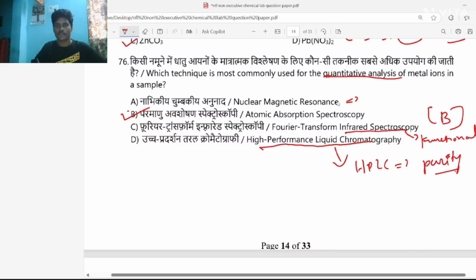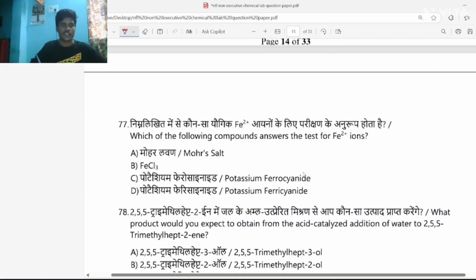Next, 77, which of the following compounds answers the test for Fe+2 ions? Okay, Fe+2 ions. Mohr's salt, yes, the answer is Mohr's salt because it is a double salt. When you dissolve it in water, you are going to get Fe+2 in aqueous solution. Let me check FeCl3.